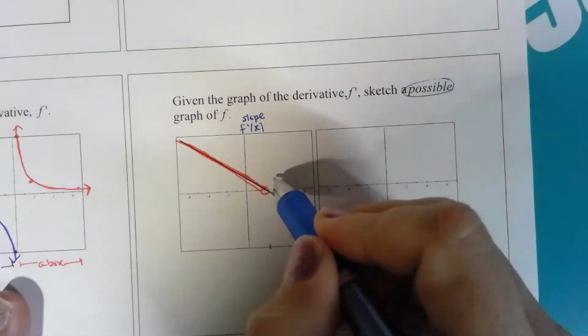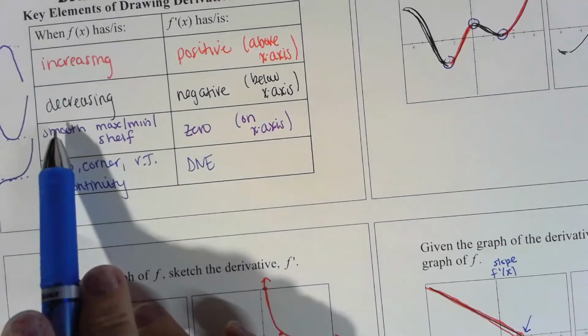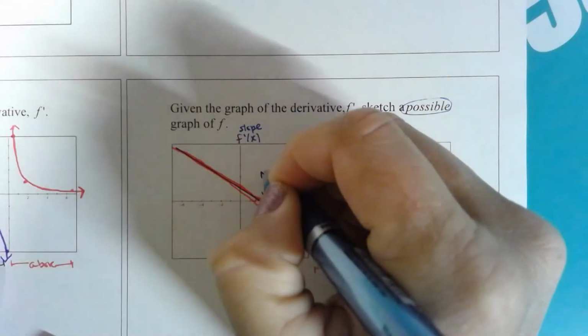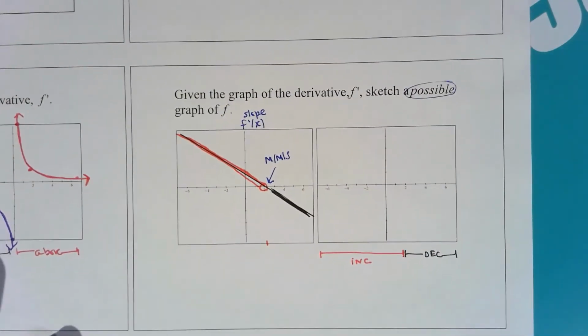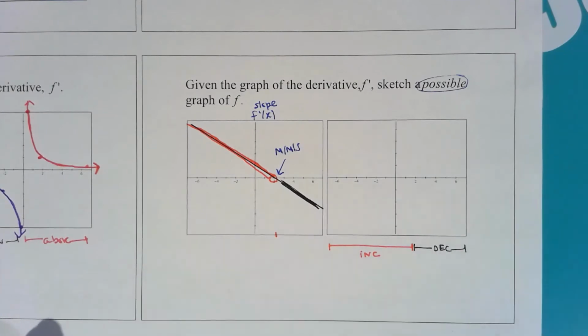Look at this. This is a 0, right? When our derivative is 0 or on the x-axis, that means our original has a smooth max, min, or shelf. I'm just going to kind of notate that here. This is a max, a min, or a shelf. Now, we don't have to decide which one, it's going to naturally occur for us. I'm going to take my pencil here.